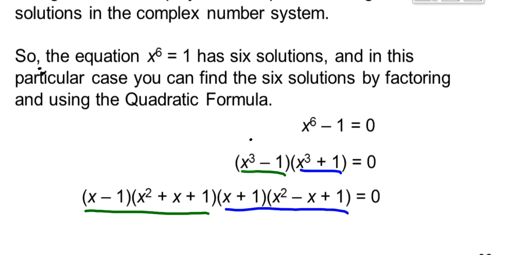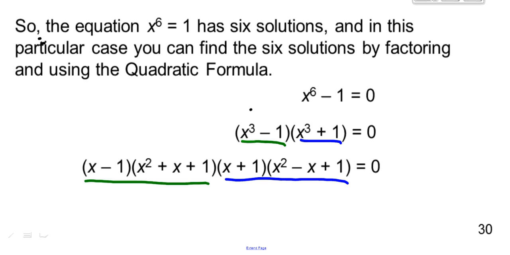Some are maybe repeated values, so let's think about what's happening here. x to the 6 minus 1 can be x cubed minus 1 times x cubed plus 1, and there is a formula for a cube minus a cube and a cube plus a cube.